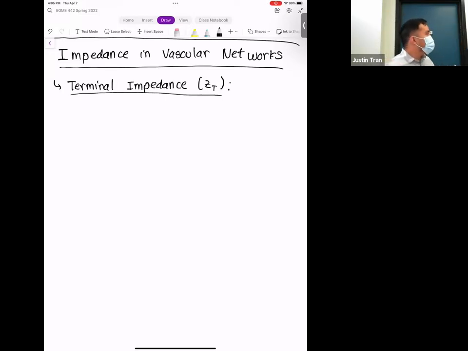The terminal impedance represents all the impediments, or all the resistance to flow, downstream of the vessel that we're considering.